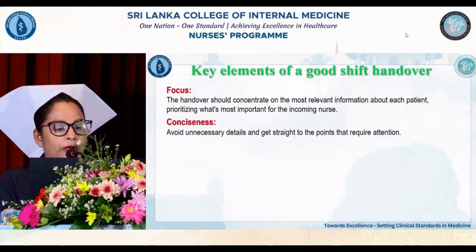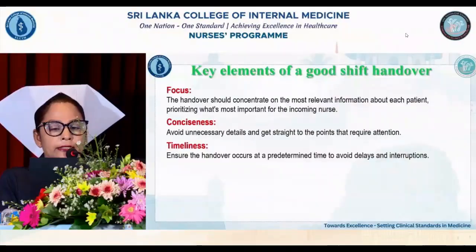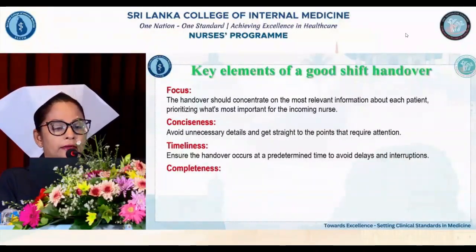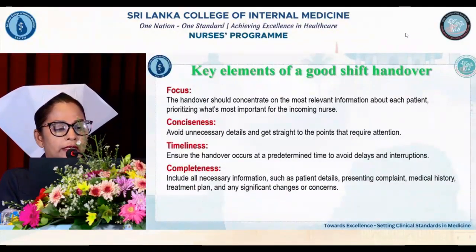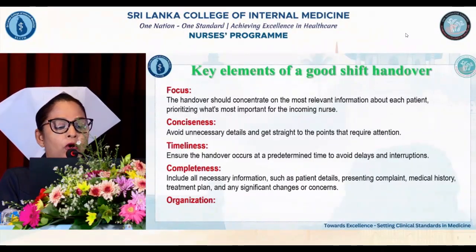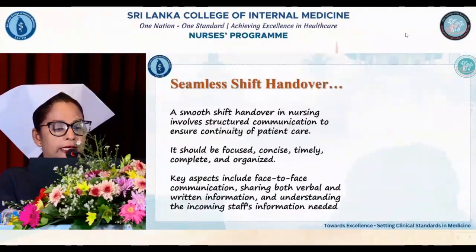Consensus is very important, and timeline is also very important. These are the elements for a good shift handover, along with completeness of your work, and organization, a structured approach such as using a standardized format like the ISBAR template to ensure all key aspects are checked.